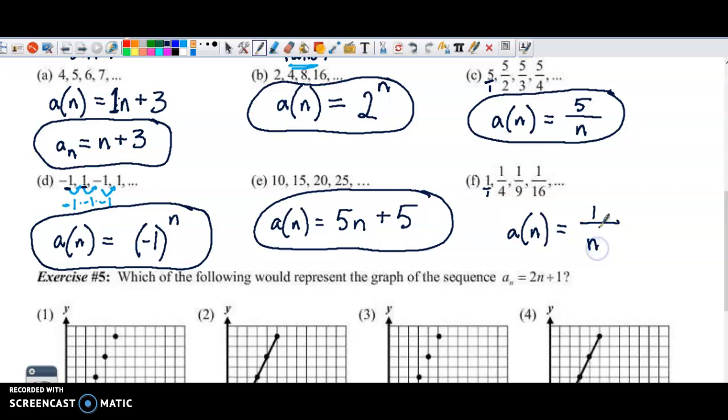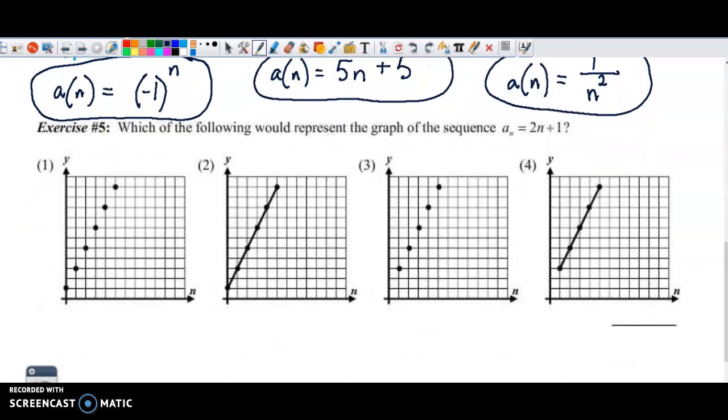We won't investigate too many of these, but at some point in this unit we will discuss square numbers. So it is true that 1 squared is 1, 2 squared is 4, 3 squared is 9. And when we come across that, we'll talk more about those types of patterns.